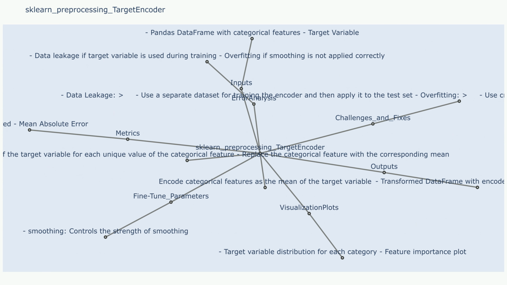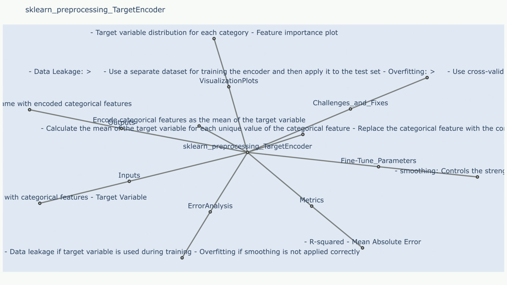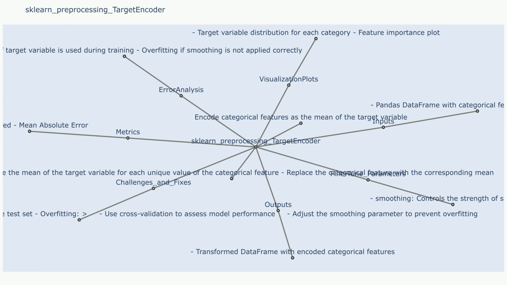Feature importance plot visualizes the importance of each encoded feature in predicting a target variable. Confusion matrix shows the distribution of correctly and incorrectly classified instances. Fine-tune parameters. Smoothing. A smoothing parameter that controls the influence of the global mean on the category mean. Uncertainty methods. Confidence intervals. Calculate confidence intervals for the category means to quantify uncertainty in the encoding.